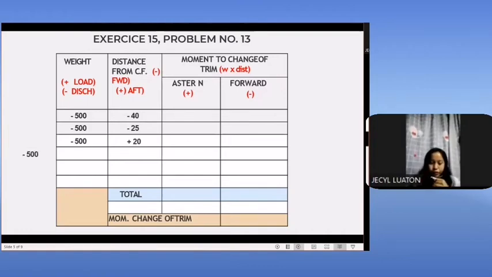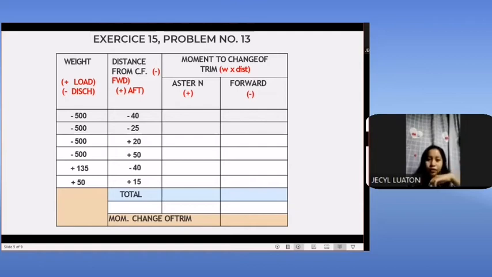And for number 4, we have 50 meters aft, or positive 50. Then also 135 tons of cargo whose center of gravity is negative 40 meters. Then for 50 tons of cargo whose center of gravity is positive 15 meters aft of amidships.